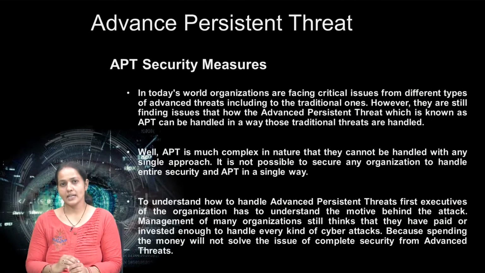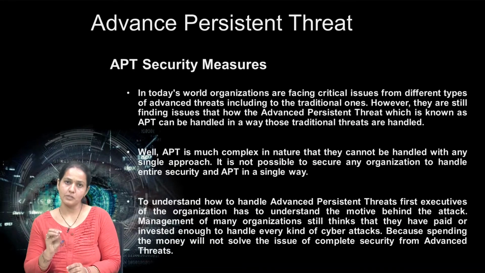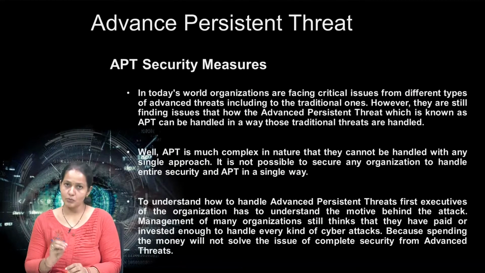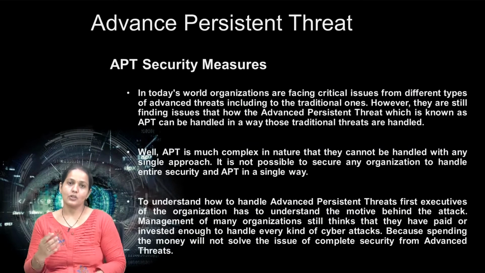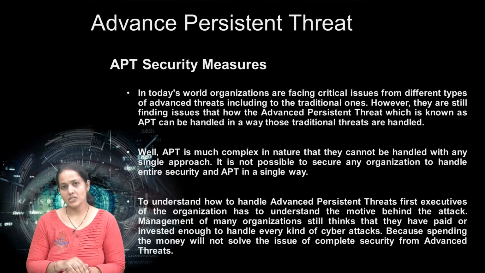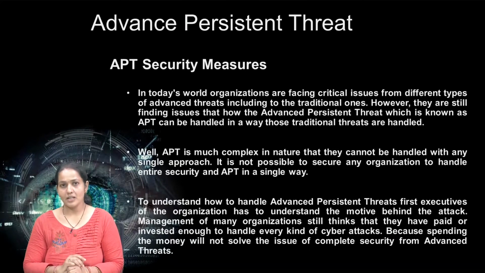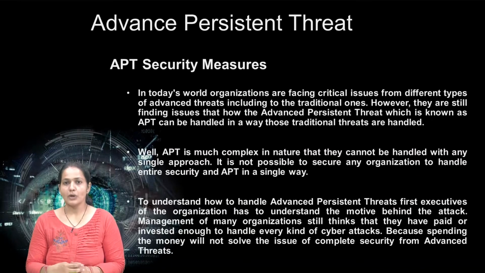In traditional attacks, as we know, a specific part of the network or a specific task on the network is carried out by the attacker, whereas in APT, the advanced threat, they are trying to get access to the entire network and fetch as much information as they need. That is the main aim of the attacker, and for that purpose they go for the APT.